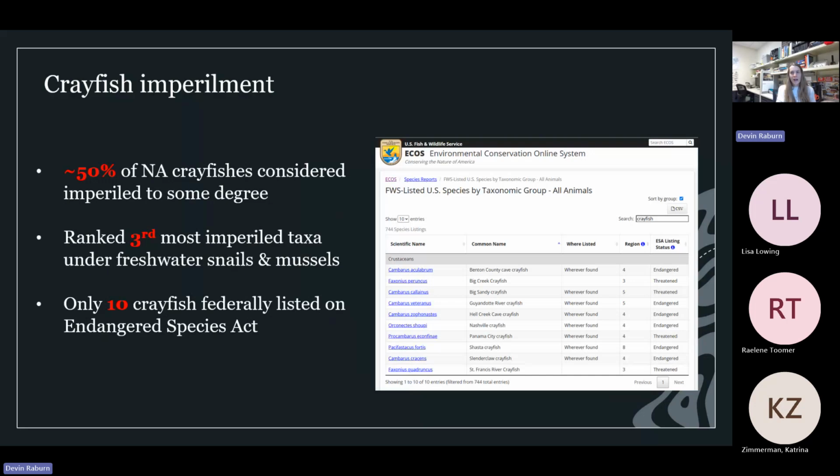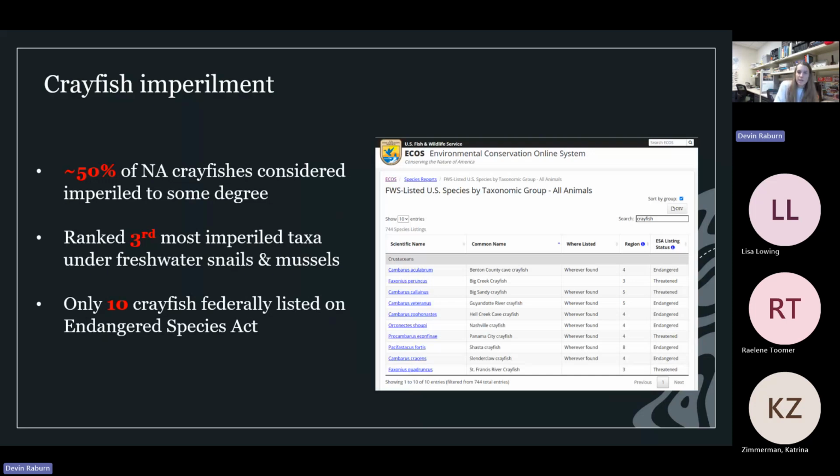So despite this high diversity that we have in the United States, but also the Southeast, and their high ecological value, overall, as a taxa, they are very imperiled. Around 50% of North American crayfishes are considered imperiled to some degree by different conservation groups. And they're ranked third most imperiled taxa, right under freshwater snails and mussels.